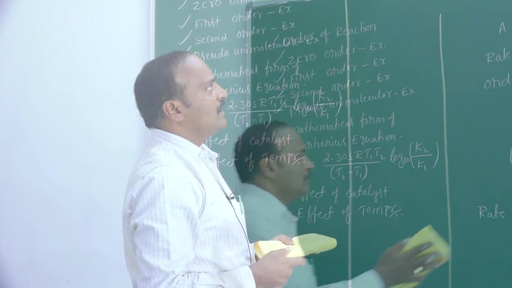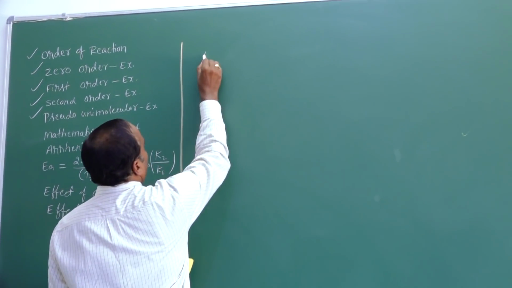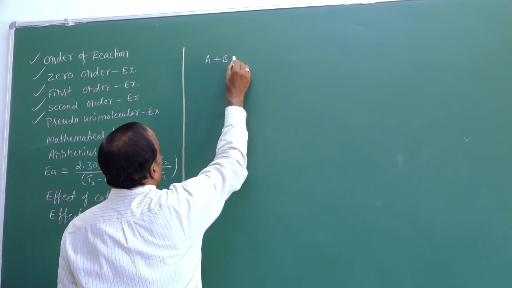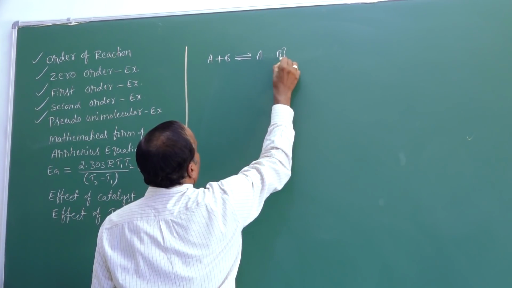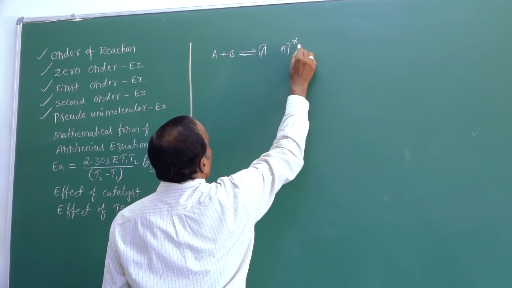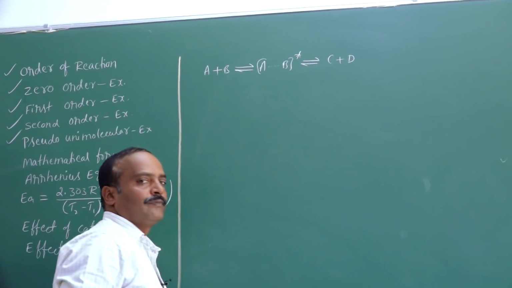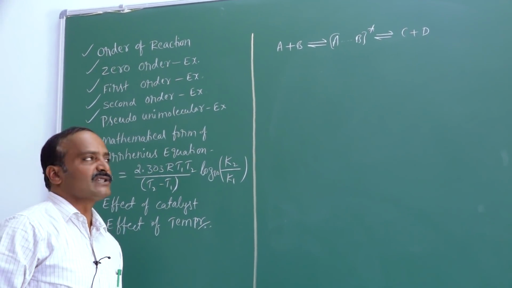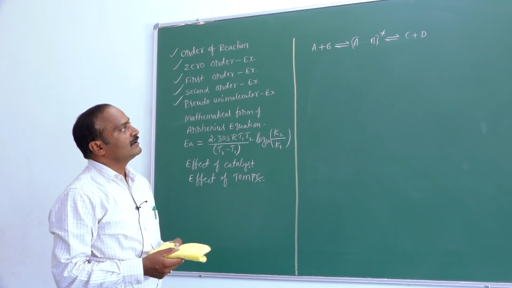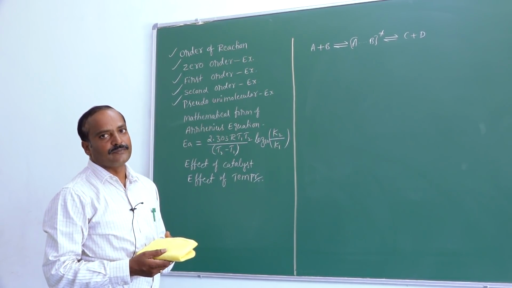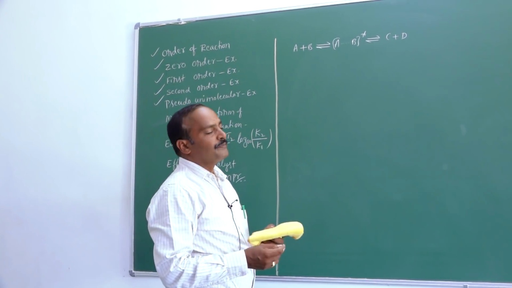Consider a reaction A plus B gives rise to A dot dot B star, which gives rise to C plus D. A and B are called reactants.